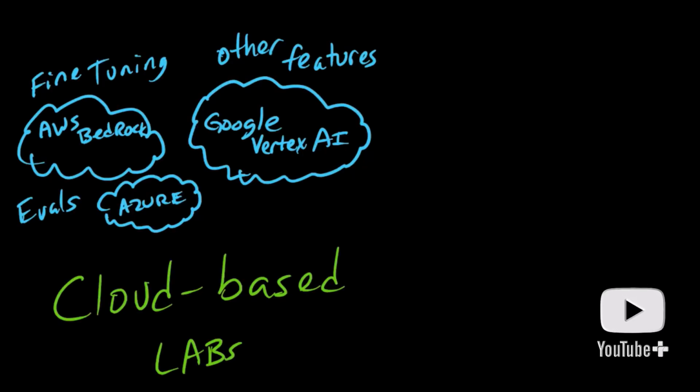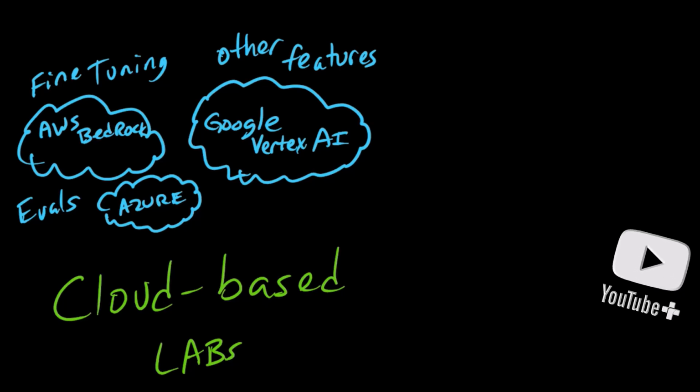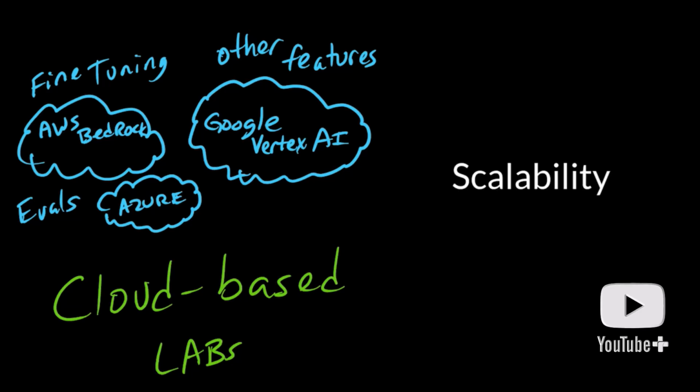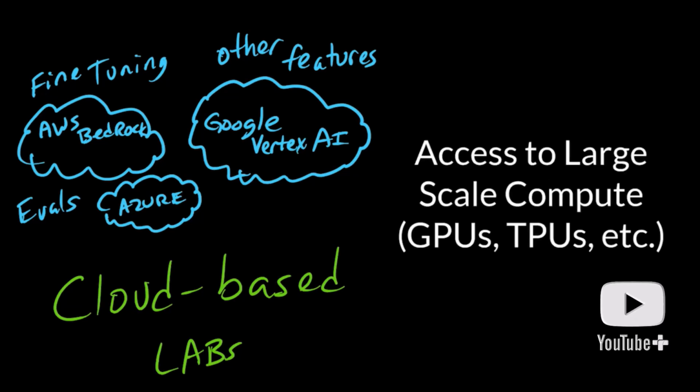Now, the strengths of cloud AI labs definitely are obvious, right? So cloud platforms like AWS, Google Cloud, Microsoft Azure, they were not invented yesterday. They are very scalable, allow you to have on-demand access to high-performance GPUs and TPUs for training complex models.